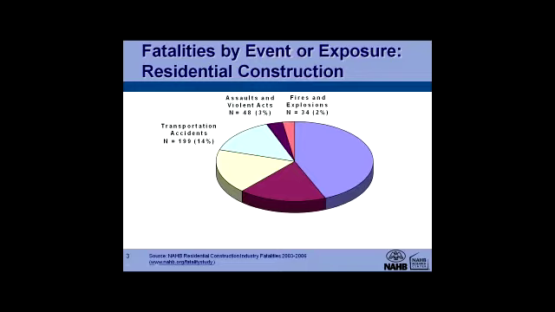Then fatalities due to transportation accidents, it would be 14%. Exposure to harmful substances and or environments, about 18%. And then contact with objects and equipment in whatever way it might be, that's about 18%. And look at this.